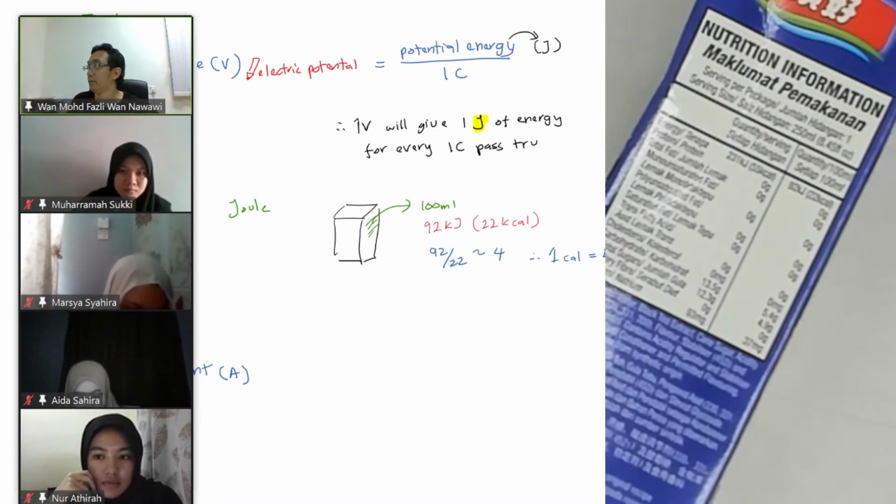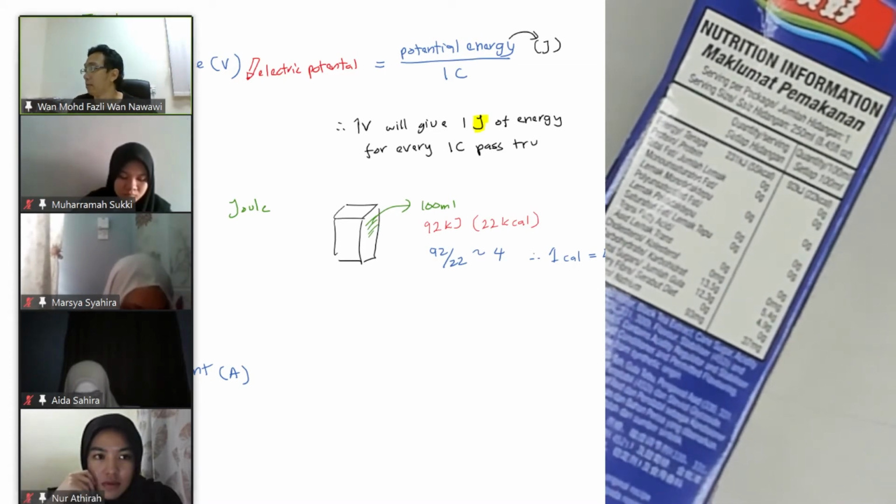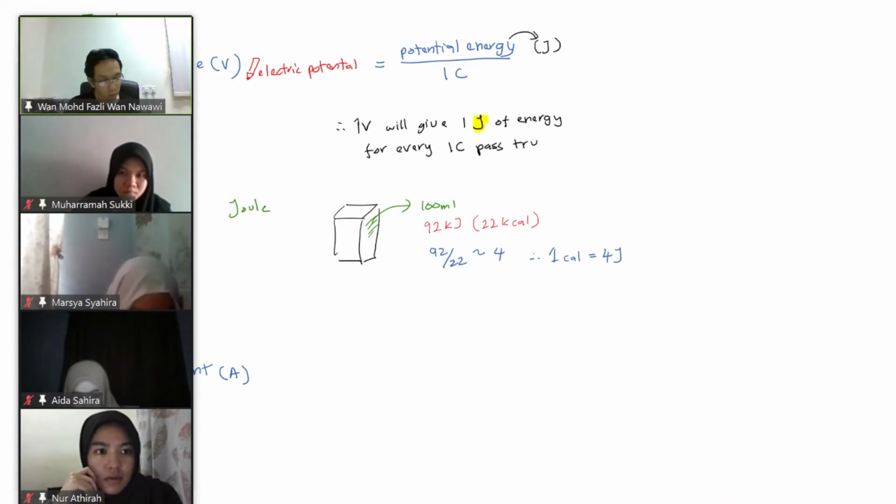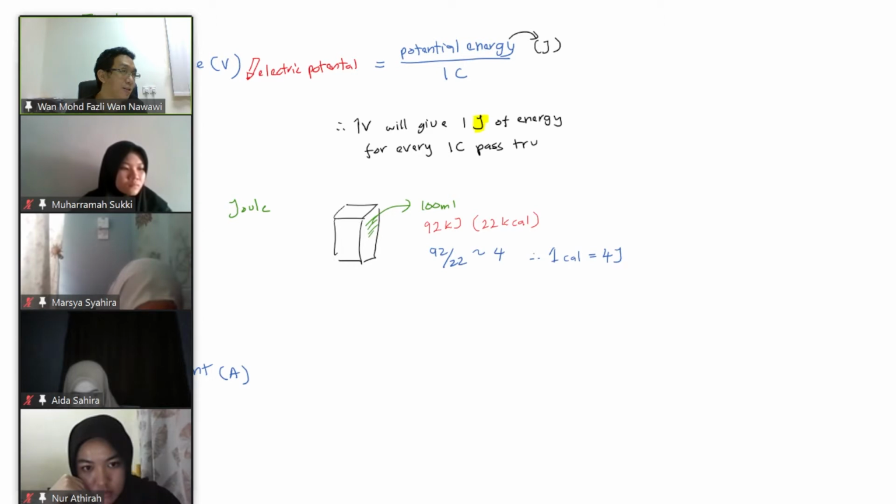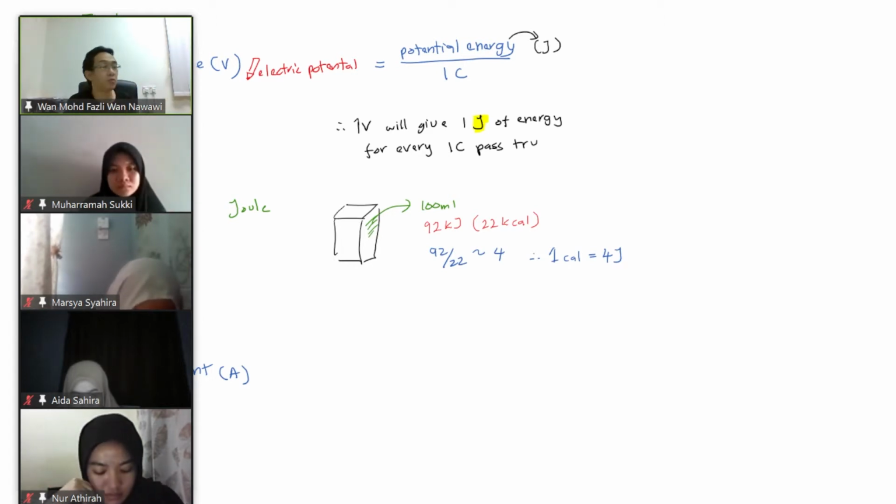You can't see it anymore, so never mind, I'll put this away first. Okay, so you see 1 calorie is equivalent to 4 joule, but still it doesn't tell you how much this 1 joule is, right? How do you feel this 1 joule?